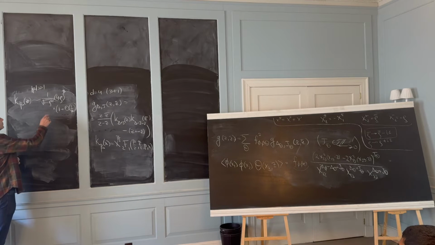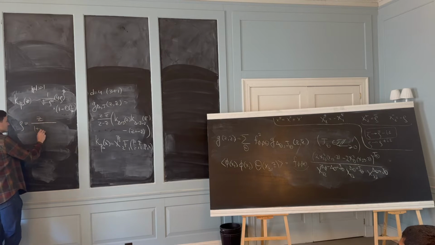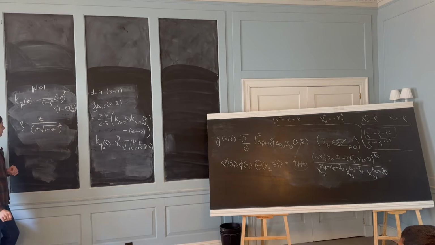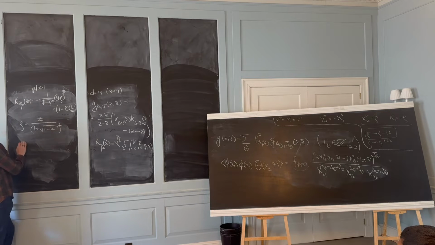And rho here is given in terms of z as z over 1 plus square root of 1 minus z squared. And if you want to go back, z is given in terms of rho by 4 rho divided by 1 plus rho squared.